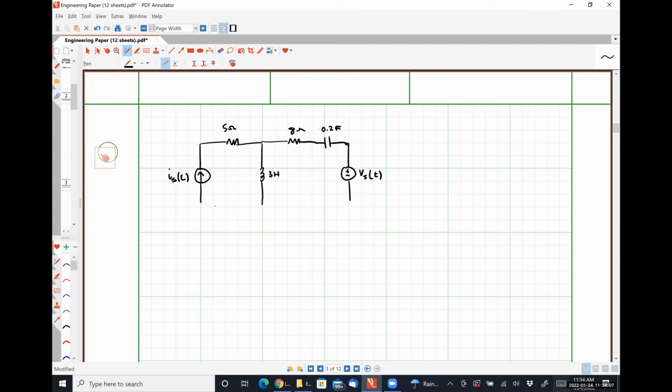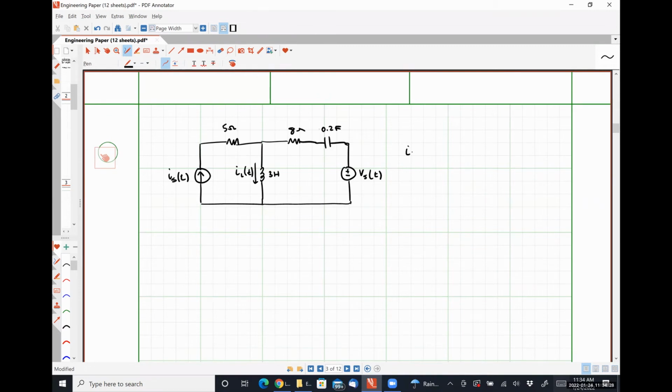And then over here, we have a voltage source, ES of T. And we want to know this current, IL of T, like so. So this is just a standard circuit, nothing wild or crazy here. The wackiness comes now.